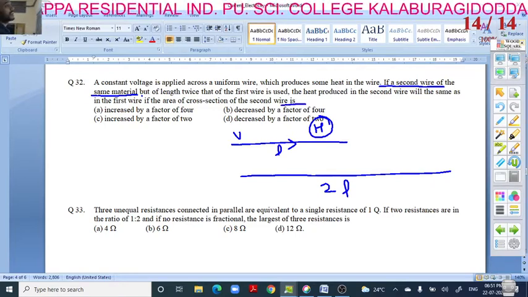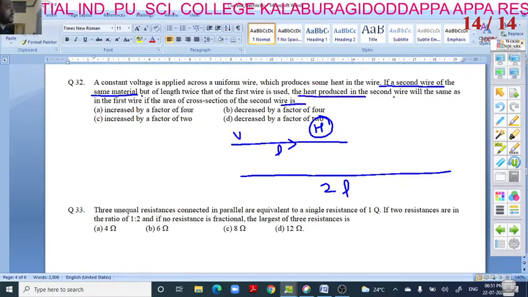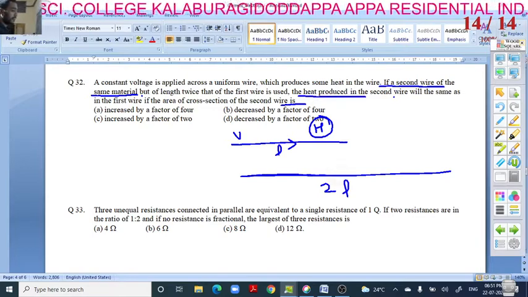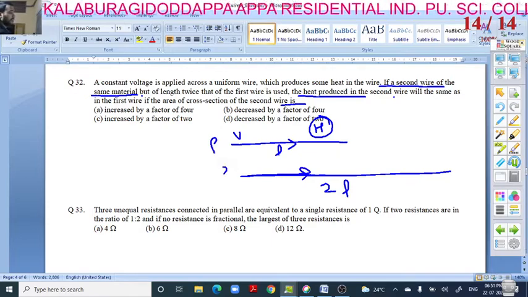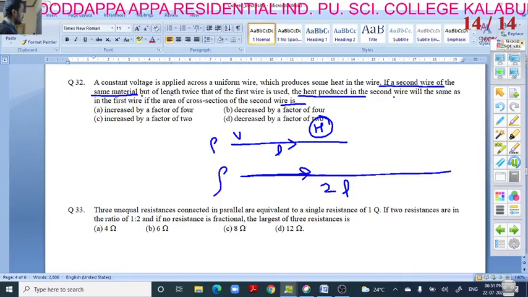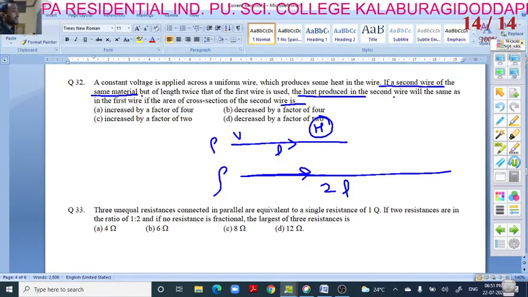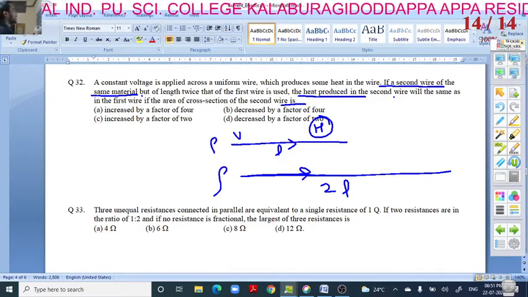Okay, say however, he has given that the same amount of heat is produced in the second wire also. Because the material is the same, the resistivity of both wires is same. But if the area of cross section is doubled, then it is possible for this given case.